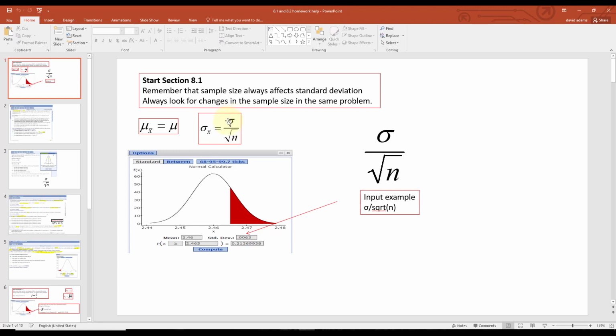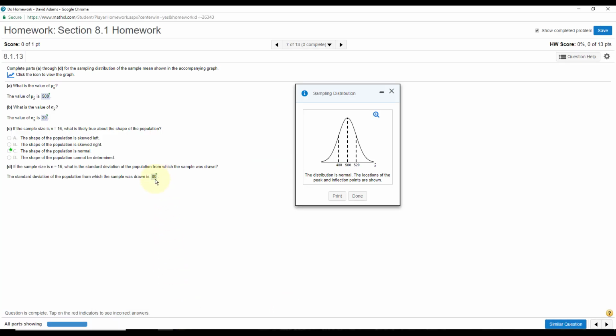I leave this as a variable unknown, that's what I'm trying to solve for, and here I put in the square root of the sample size. In this particular case, the sample size is 16, so the square root of 16 will be 4. Multiply both sides by 4, and I'll get the new standard deviation of 80. Your numbers will probably be different, but it's the same idea.